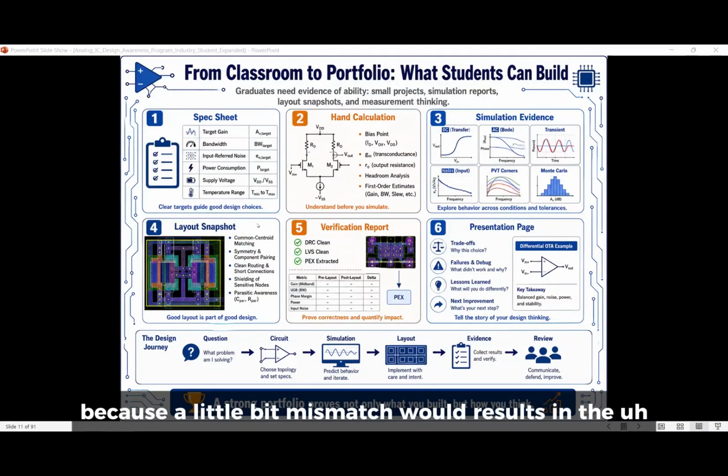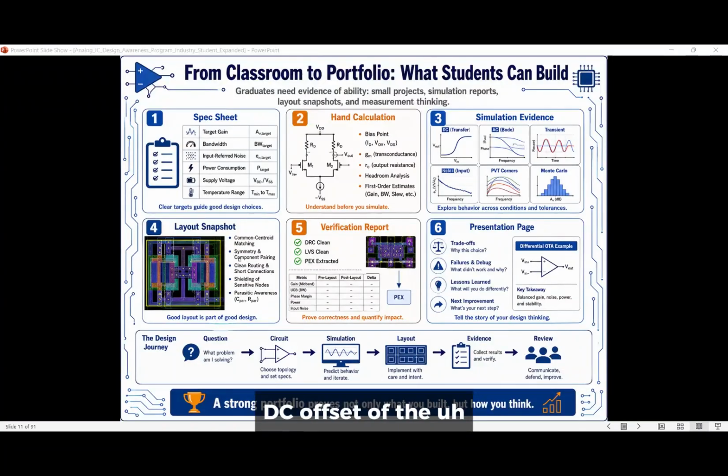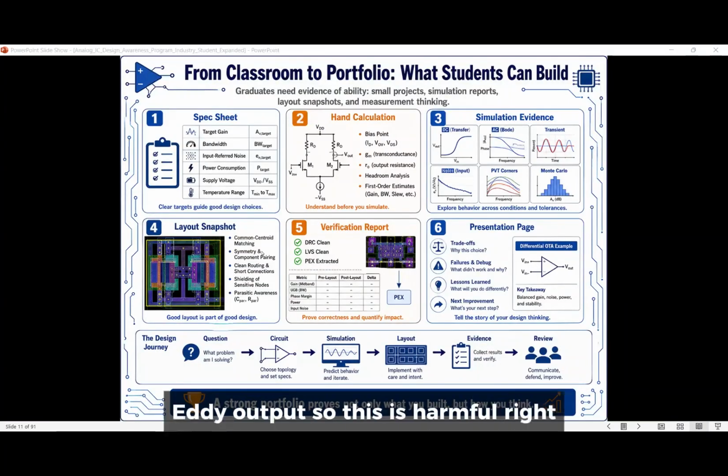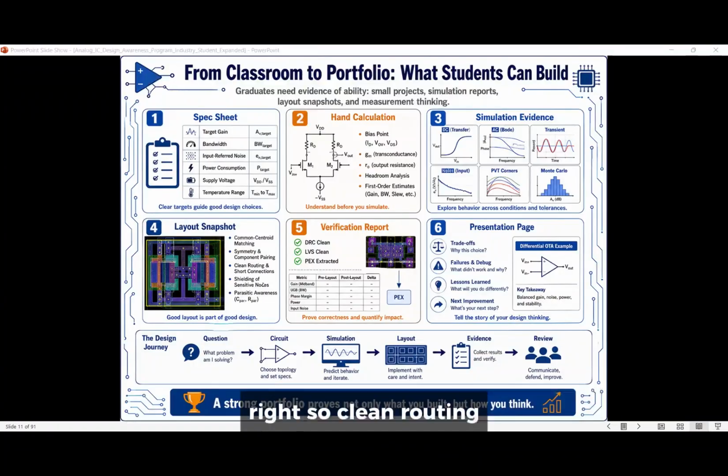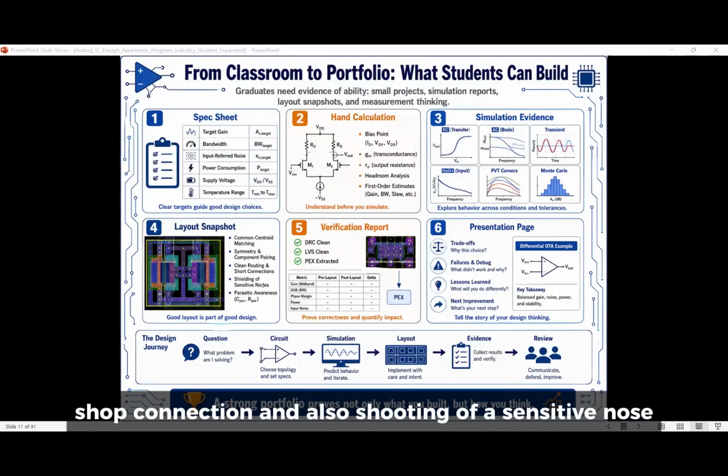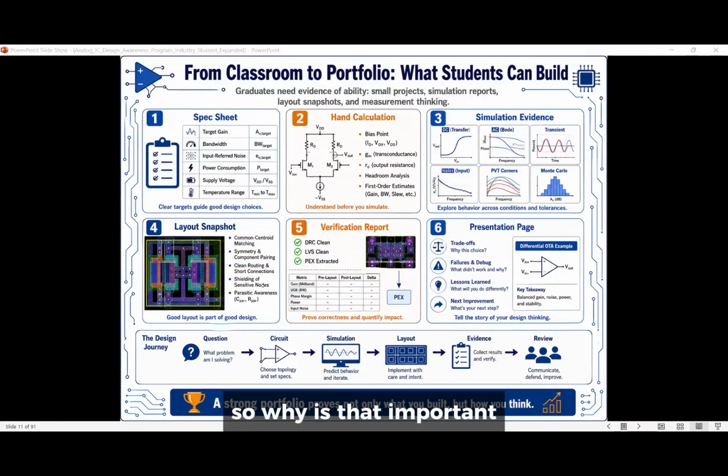Because a little bit of mismatch would result in a DC offset at the output. So this is harmful, right? Also symmetric component pairing. So how you place the two transistors, how to connect them, how to make sure the symmetry of the interconnection, right? So clean routing, short connections, and also shielding of sensitive nodes.